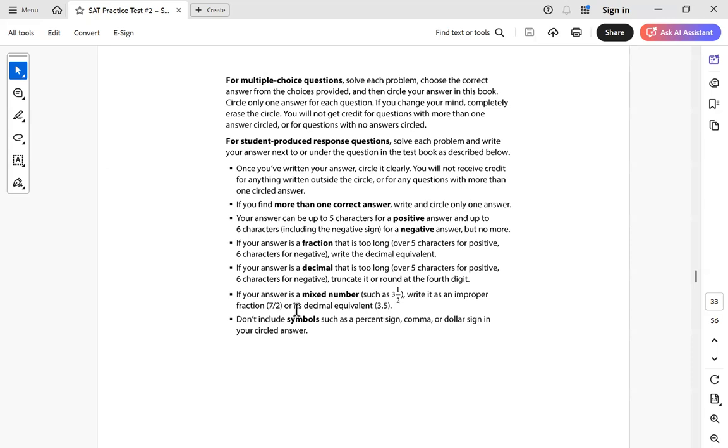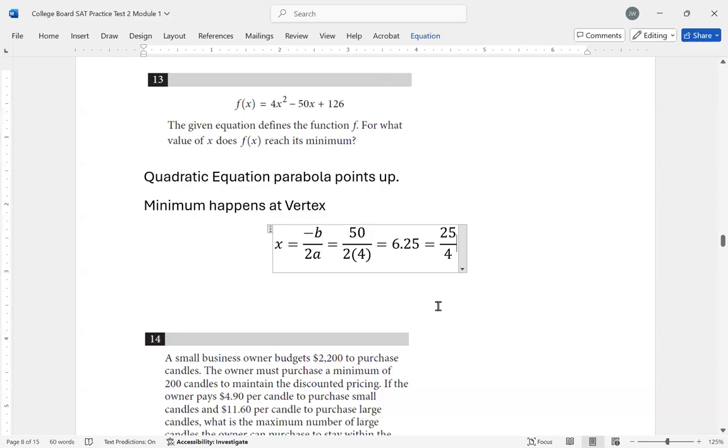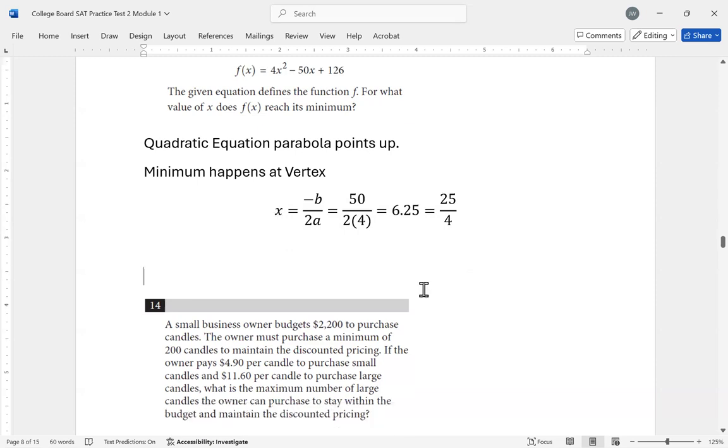We would write either the improper fraction or the decimal equivalent as the answer. So either 6.25 or 25 over 4, both of those are legitimate ways of writing our answer, but 6 1/4 is not a good way to write the answer.